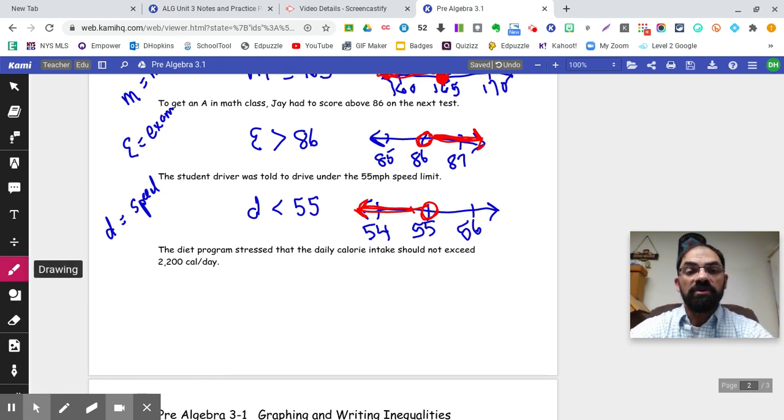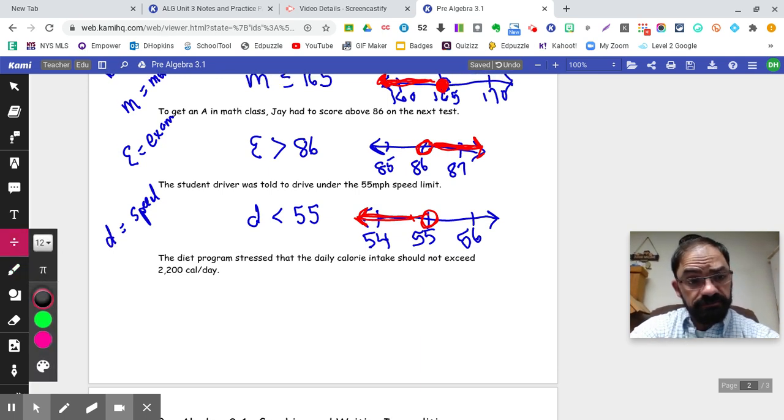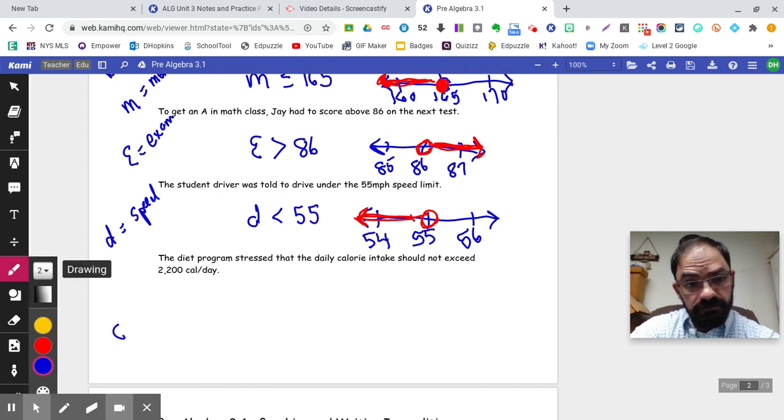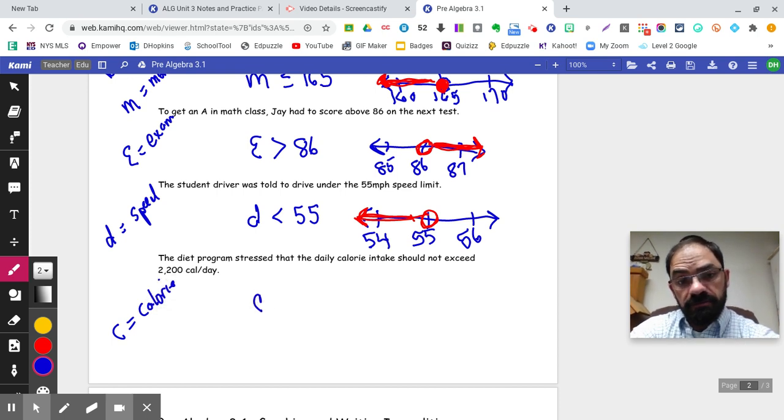Okay, the diet program stressed that the daily calorie intake should not exceed 2,200 calories per day. So let's see here. C for calorie. All right, so should not exceed. Can I be equal to 2,200?